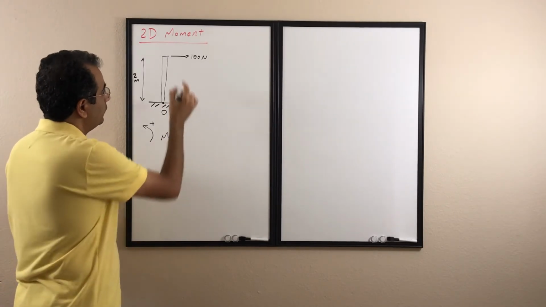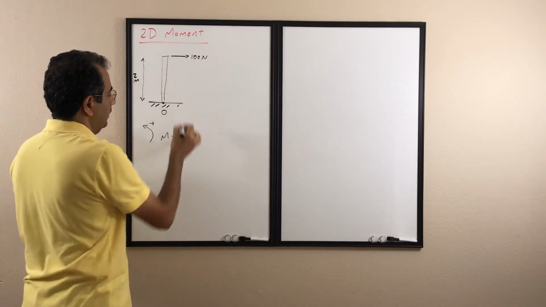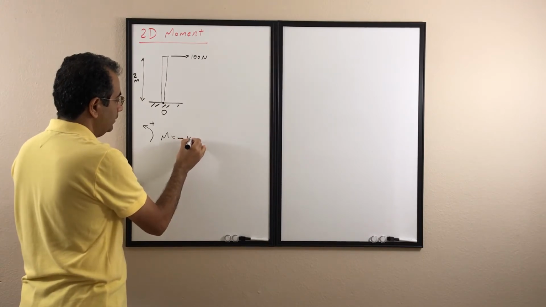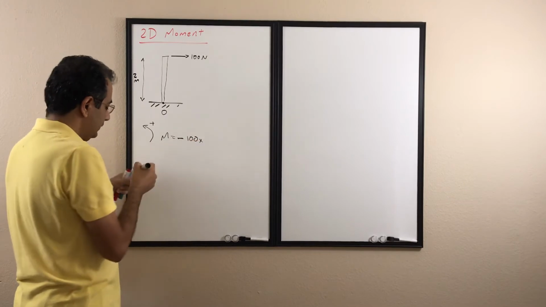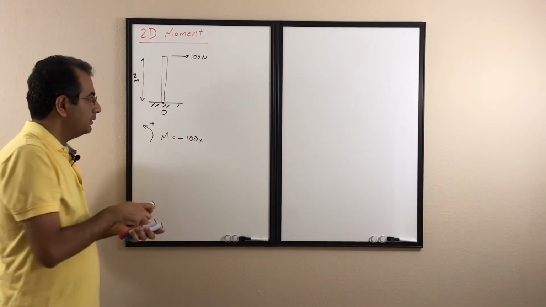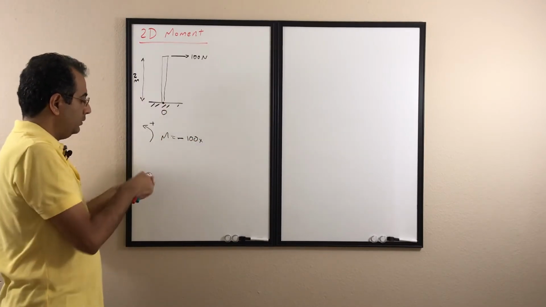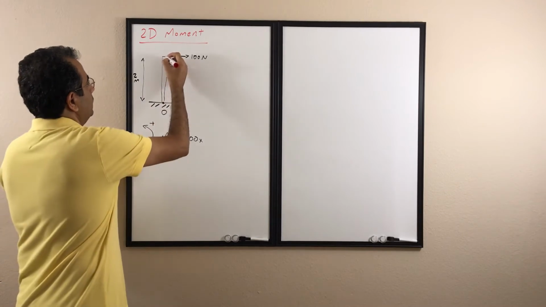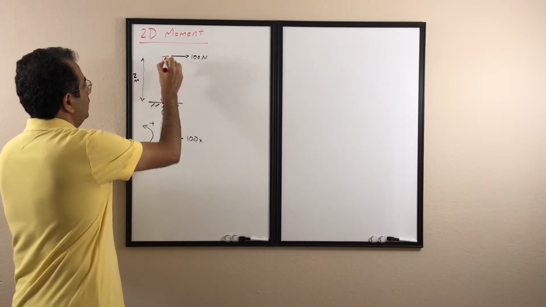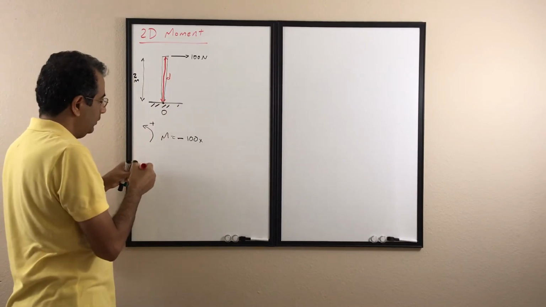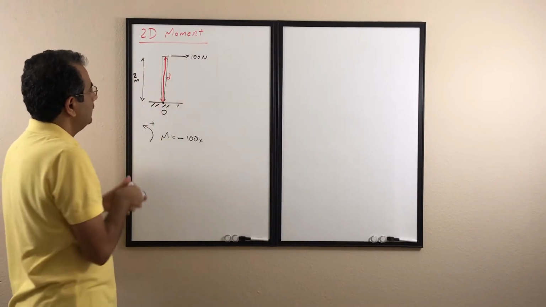And then the force is 100 Newton times D. The distance is the normal distance from the point to that force, which is exactly 2 meters.